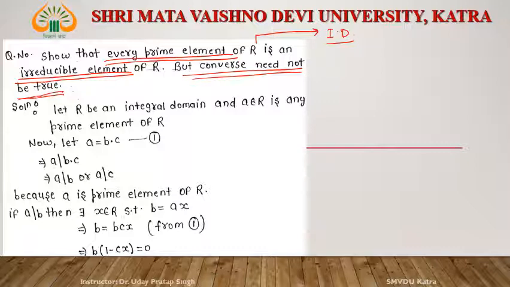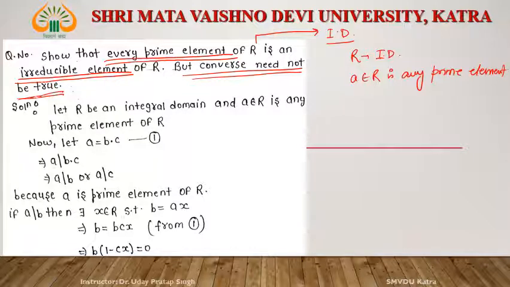Okay, let us see. R is an integral domain, and a belongs to R is any prime element.